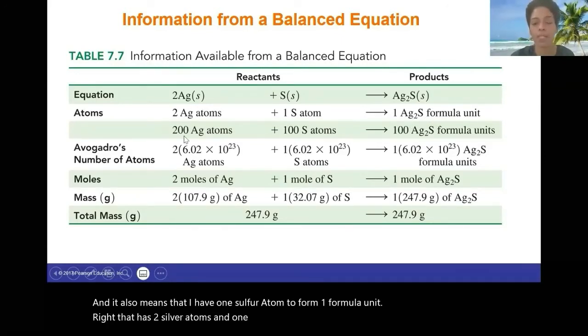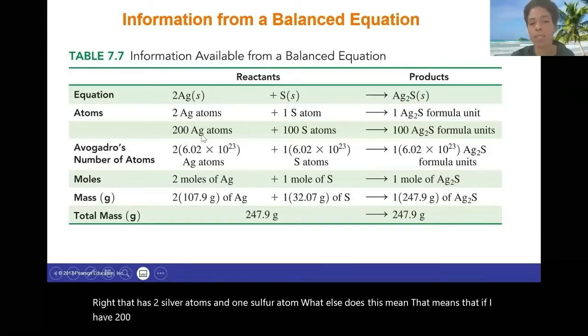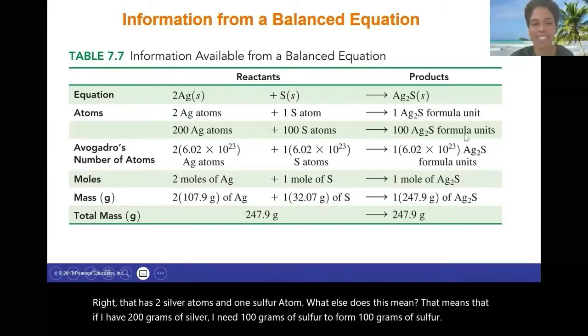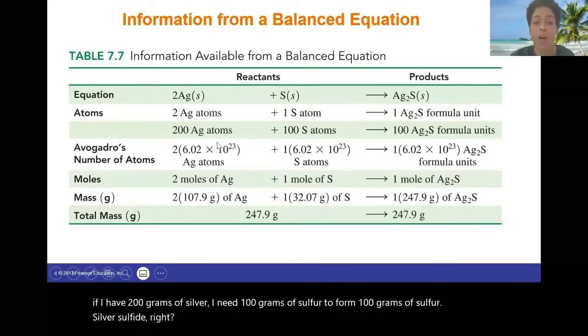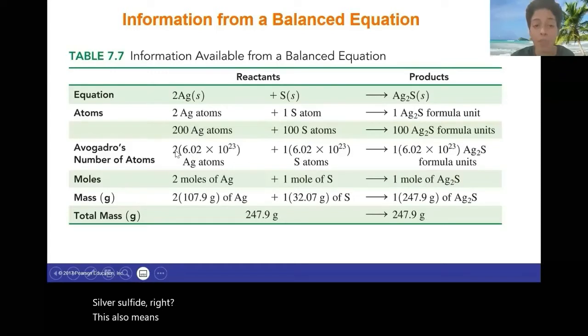What else does this mean? That means that if I have 200 grams of silver, I need 100 grams of sulfur to form 100 grams of silver sulfide, right? This also means that I have 2 times 6.0 times 10 to the 23 silver atoms, right? Which also means 2 moles, or 1 mole of sulfur to give me 1 mole.